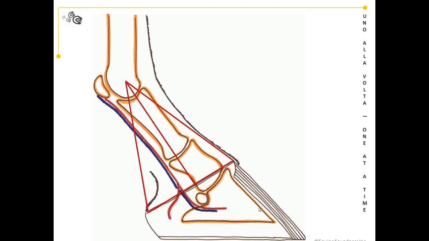And when they are stressed evenly, they abrade evenly or they grow evenly. And this is really the big reason for me to have a 30-degree hairline. So that if you would move this horse enough, over varied terrain, you would actually not have to trim, because the hoof would abrade evenly all around.